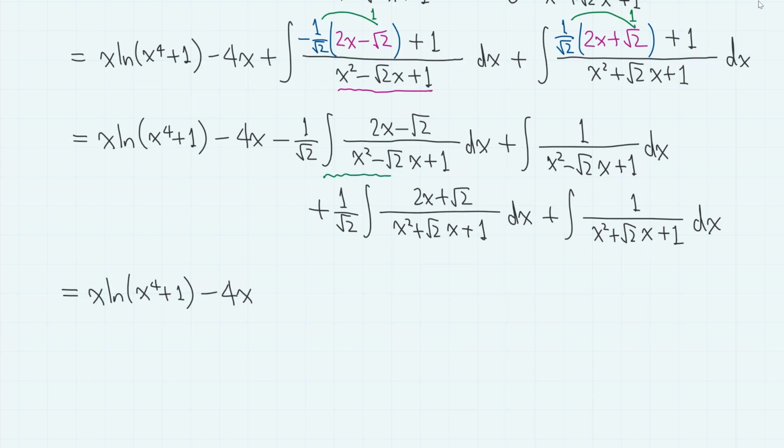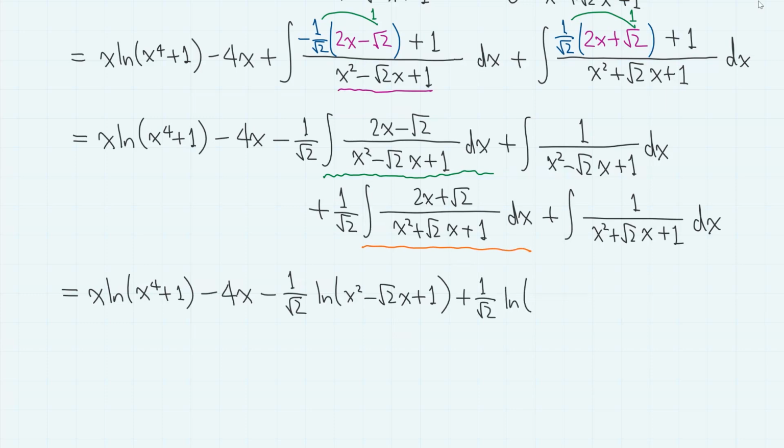So this integral gives ln of x squared minus square root of 2x plus 1, and this integral gives ln of x squared plus square root of 2x plus 1, and then two remaining integrals.